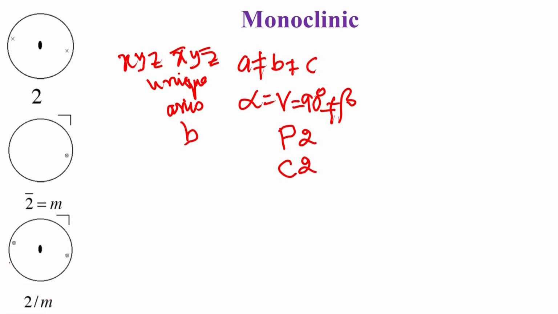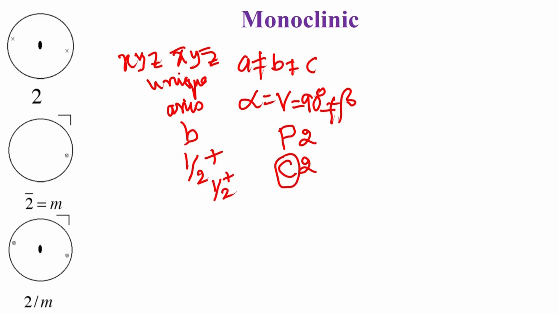So, at this particular time, what we will say is that we will add a half along x and a half along y. So, we represent the so called C centered lattice.